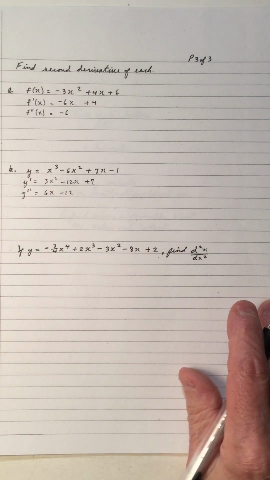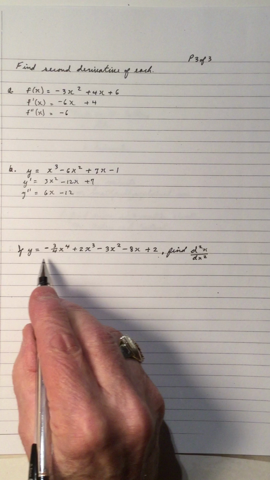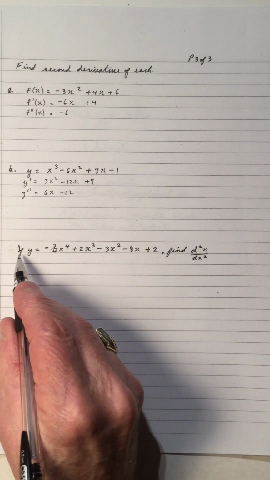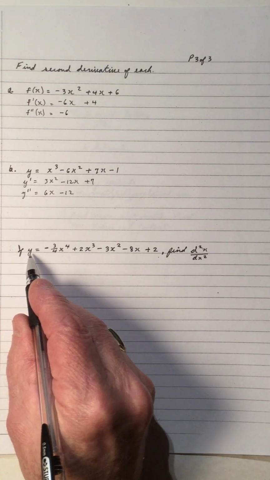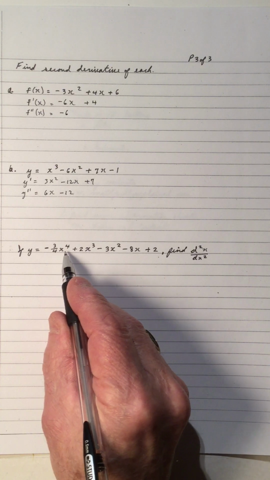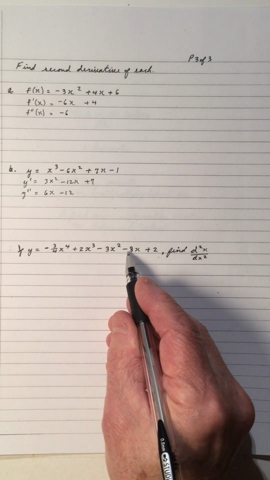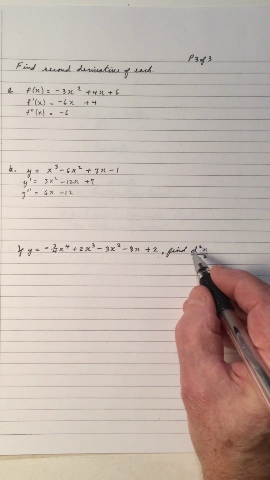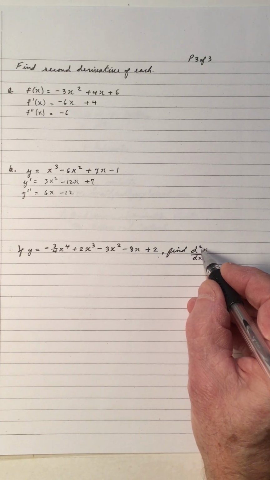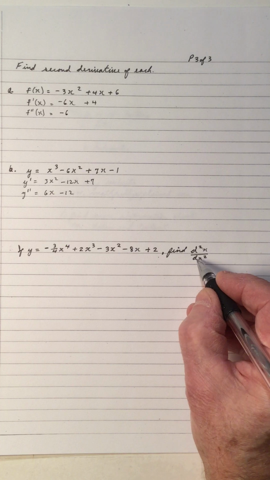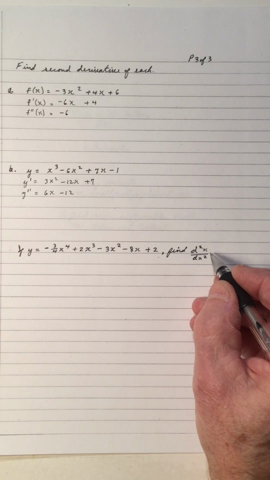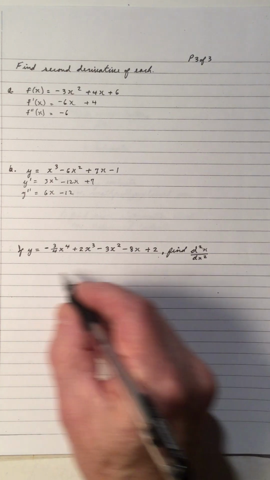And we have another one to do. Find the second derivative of this one. Or I should say, if y equals negative 3/4 x to the fourth plus 2x cubed minus 3x squared minus 8x plus 2, find d squared y dx squared. So that's the same as find the double derivative.